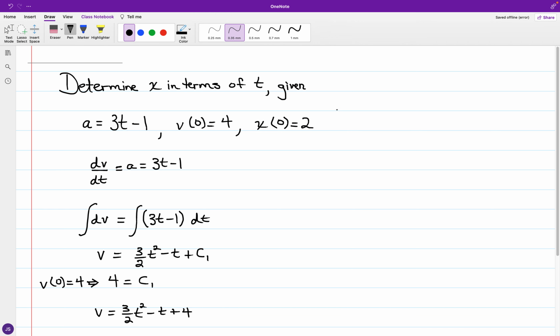And creating the pathway to solving for x in terms of time. By definition, the velocity is the change in distance with respect to change in time. And we have designated in parametric terms the velocity to be defined once again as 3/2 of t squared minus t plus 4.